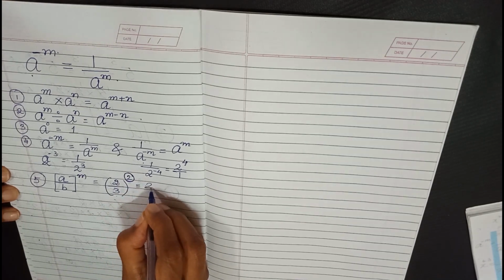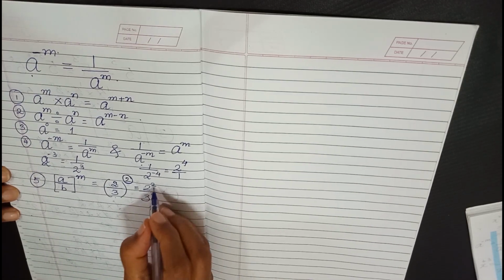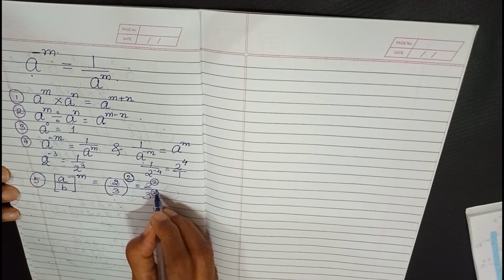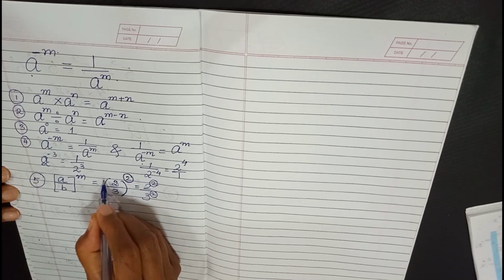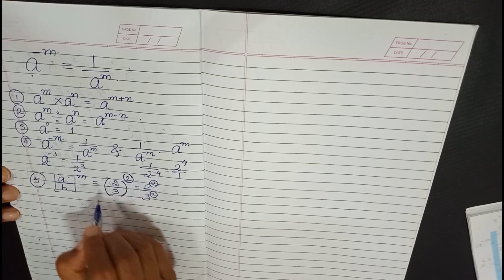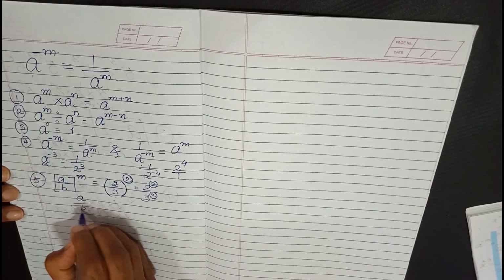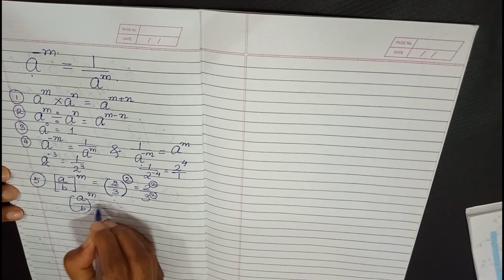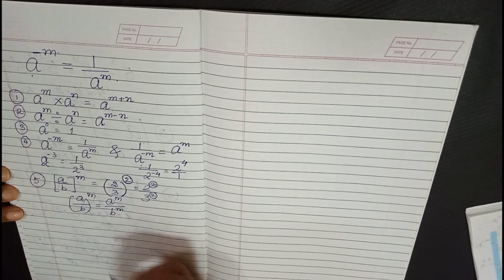So this can be written as 2 raised to 2 upon 3 raised to 2. So what it actually means is that the power which was common was just removed from outside the bracket. This is the next rule, which says that a upon b whole raised to m will be equal to a raised to m upon b raised to m.